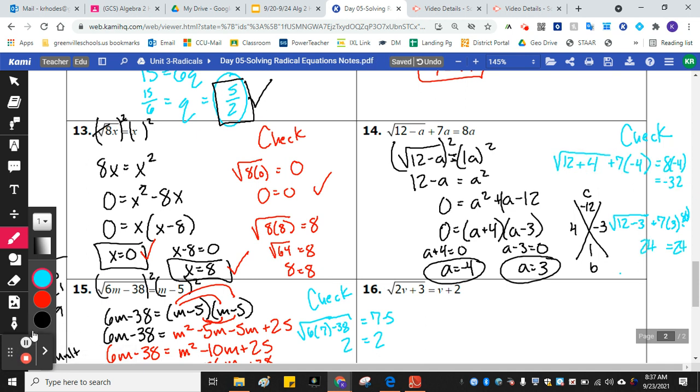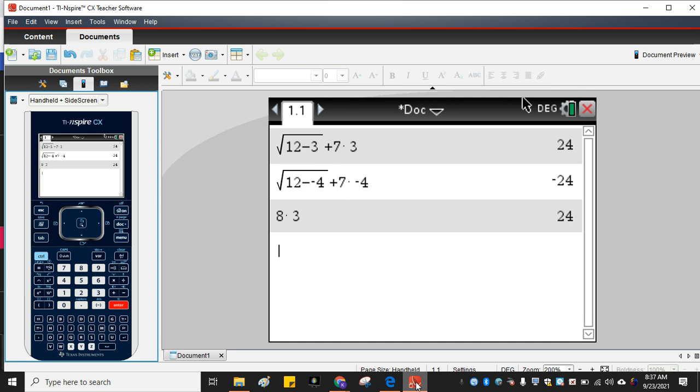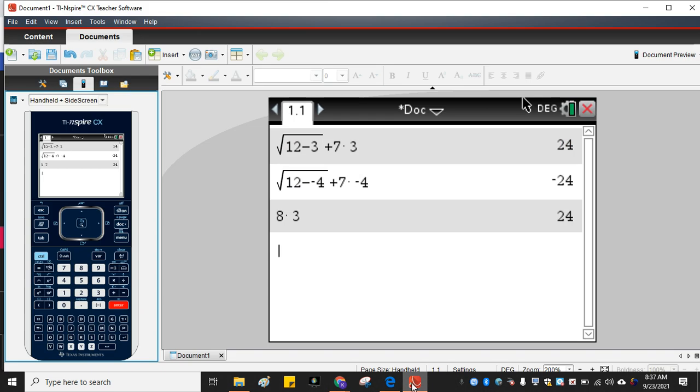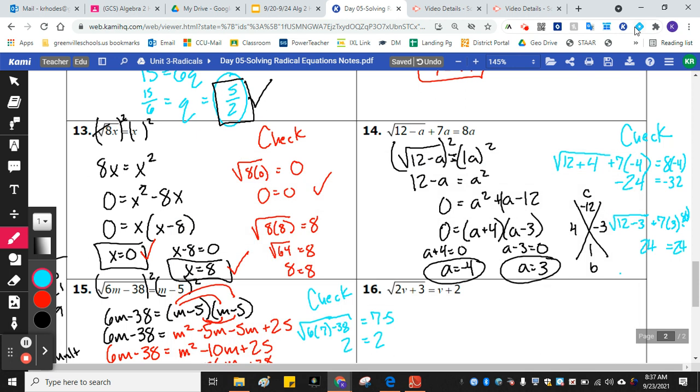Plug them in, check both sides. So going back to check 14, I get the 3 works, I get 24 equals 24, but the negative 4 does not, because when I plug in negative 4, I get negative 24. And 8 times negative 4 should give me negative 32. And they don't, so this one doesn't work.